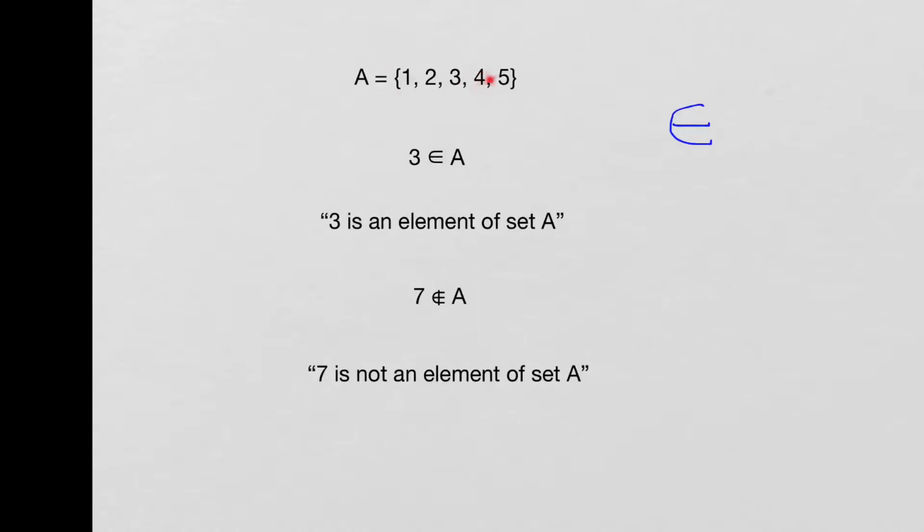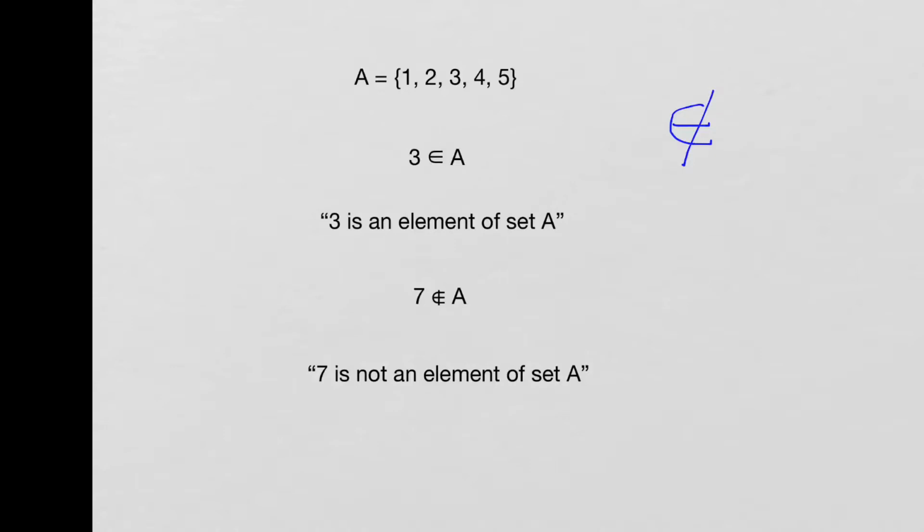Now, in this particular set, we do not have the element 7, so we could say 7 is not an element of set A. And so we have the element sign with a line through it. And usually you see that written more as an angled line. In this particular font, it has a straight up and down line.